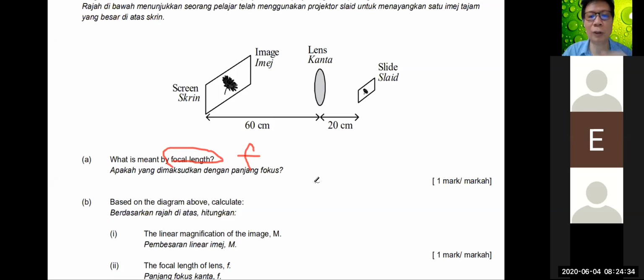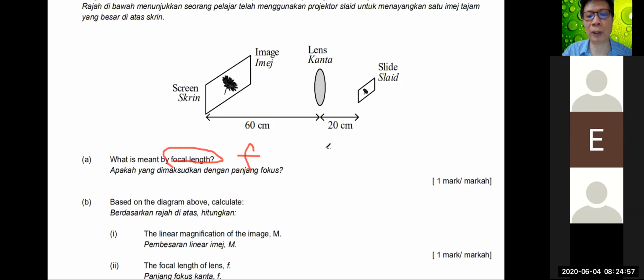All the light go through the lens, it will focus at one point. That one is focal point. Focal length is a distance between the lens and the focal point. That distance now. Okay. Between the lens and the focal point.